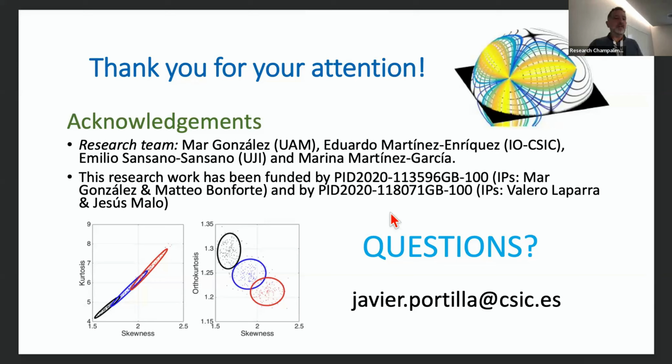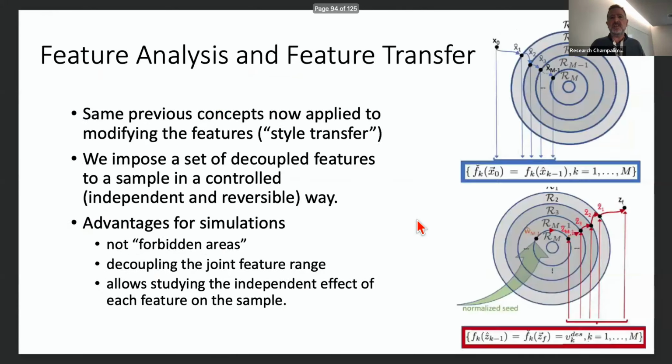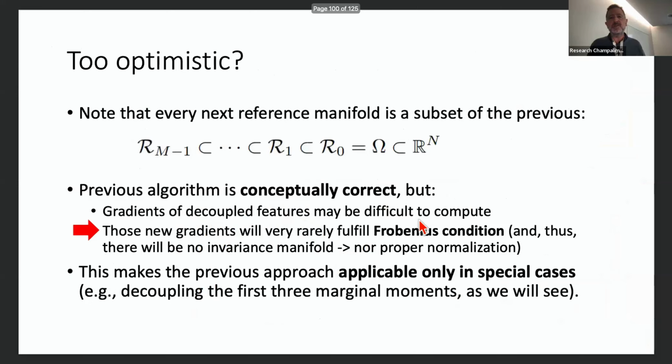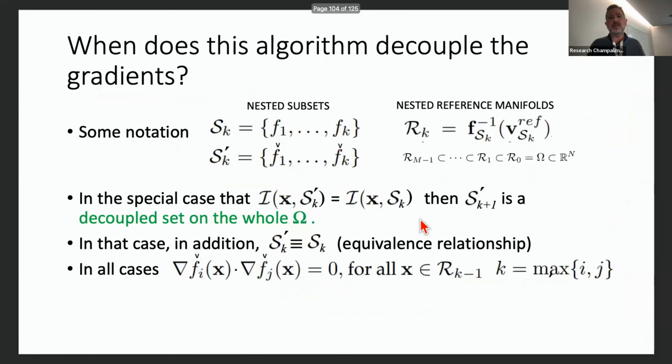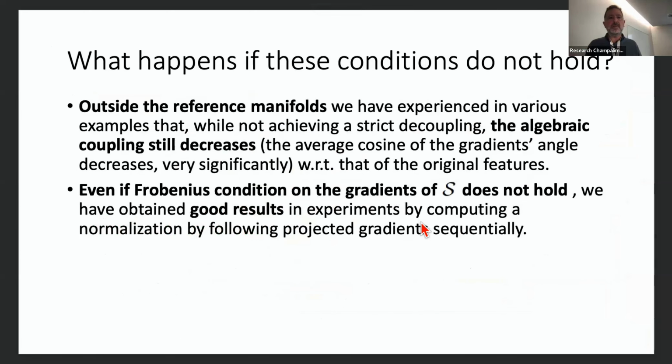You have some appearance that you want to transfer to your sample, so you are telling which values. I don't know if this is what you are asking. How many texture classes do you have? In this case, I think 60 or 80. I don't remember. 80, something like that. Okay, in that order.